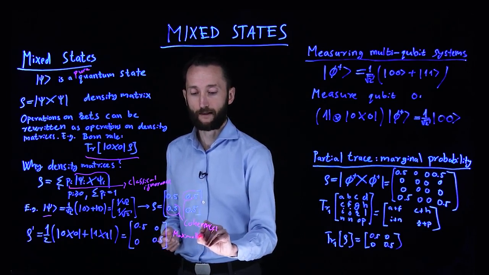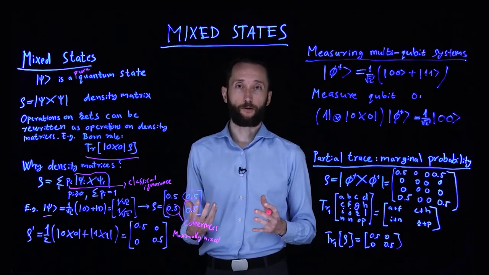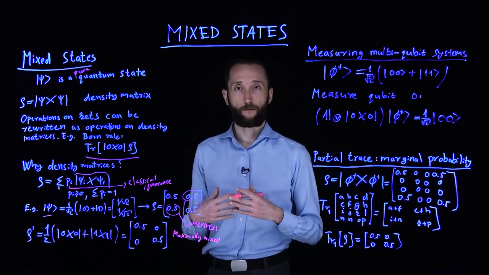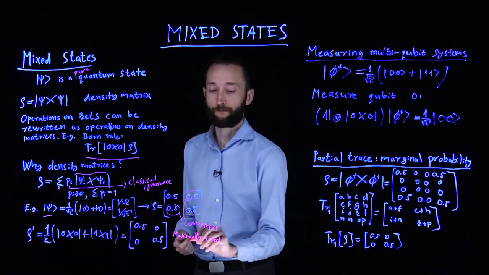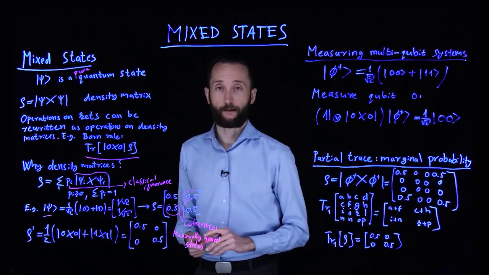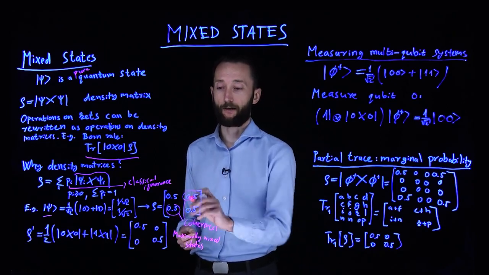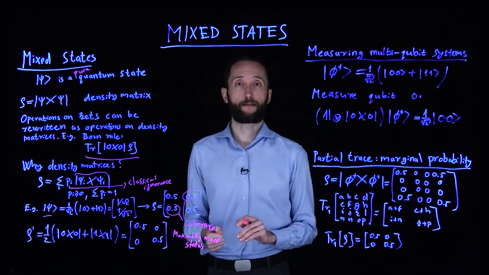And the maximally mixed state is the equivalent of a uniform distribution in classical probability theory. This means that we have absolutely no predictive power of what's going to happen next. So in that sense, the entropy of this state is maximal. So ideally, we want quantum states with a high coherence, but in reality, noise affects them and these coherences disappear.